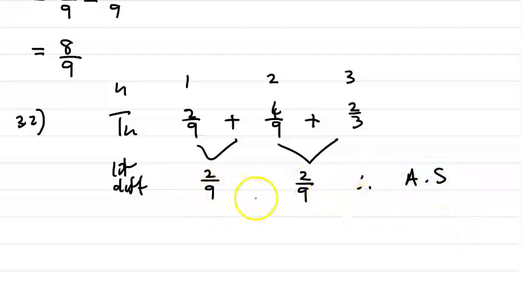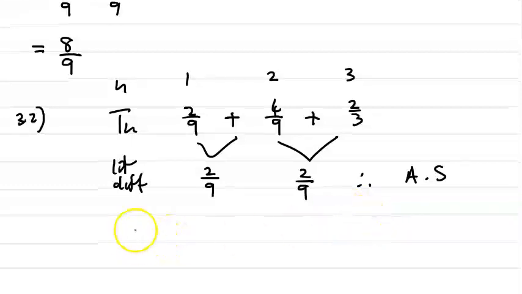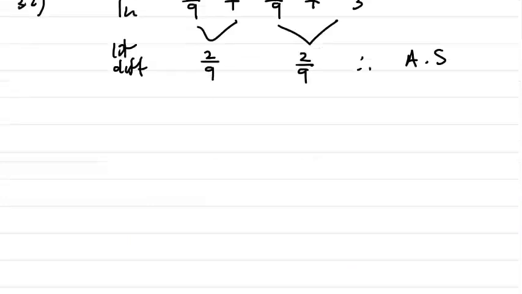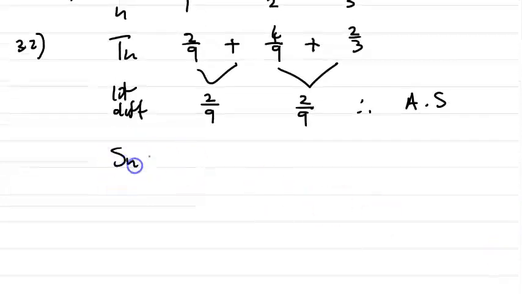Now, if we weren't getting a constant first difference, then we'd have to see whether we're getting a constant ratio. Because we only know how to find the sum to n terms of an arithmetic series and the sum to n terms of a geometric series. So what is the formula for the sum to n terms of an arithmetic series?